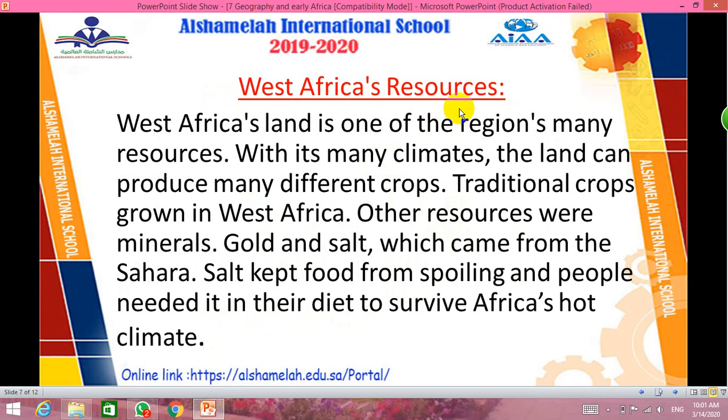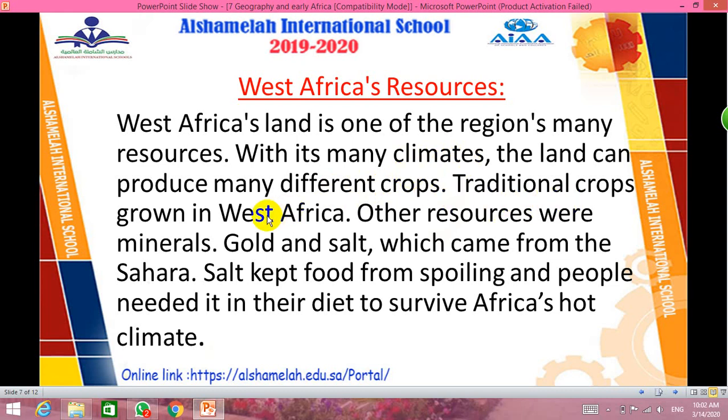West Africa's resources. West Africa's land is one of the region's many resources. So Africa's land has many resources. With its many climates, the land can produce many different crops, because climate means different weather, so you can get different crops in different climates.